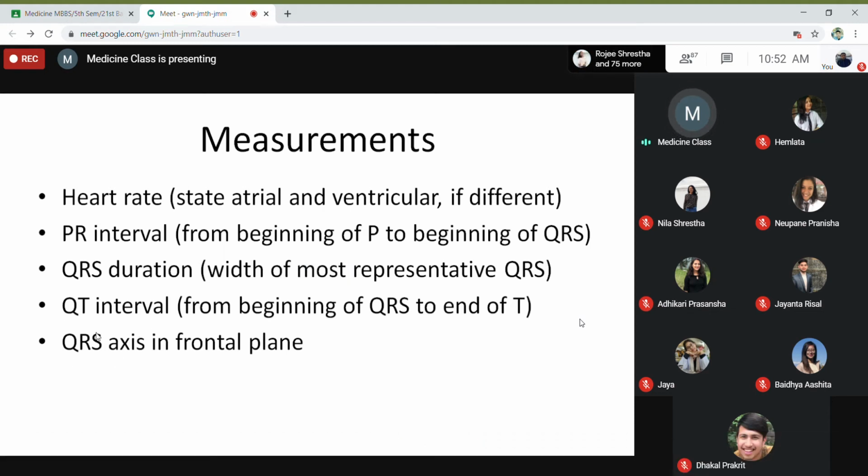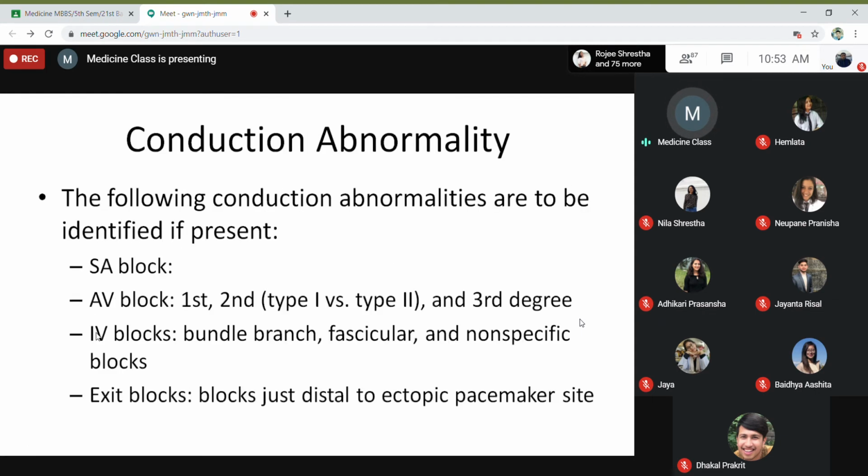We'll go through these one by one in our class. We can also look at the conduction abnormalities, like whether there is a sinoatrial block or AV blocks, like first, second, or third degree block, or intraventricular blocks, such as bundle branch block or fascicular blocks. These can also be traced in ECG, and we'll see in the examples later on how they look.